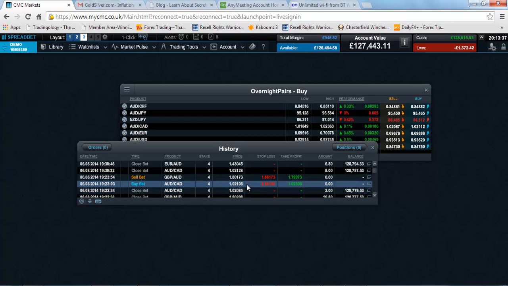If we've bought a currency pair, then it will tell us the date, the time, the type, which is a buy, the product, which is the currency pair. In this case it would have been, for example, AUDCAD, and then the stake would have been 1. Then we put in the price, the stop loss, the take profit, and if we've made any money, we will put the amount into our trading diary.